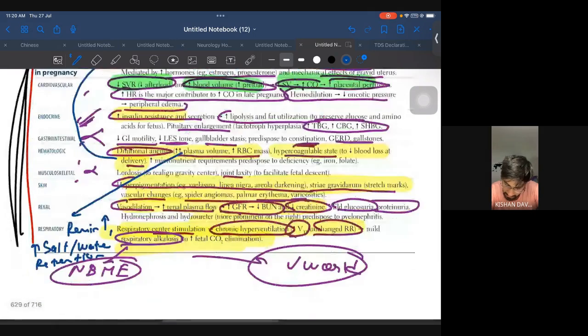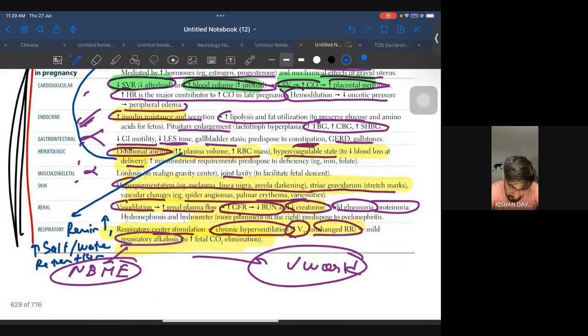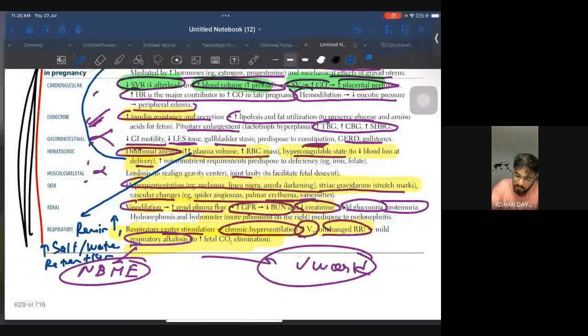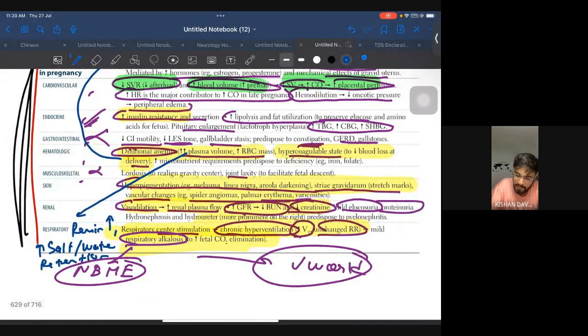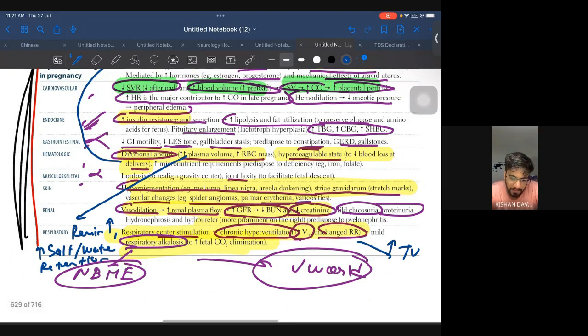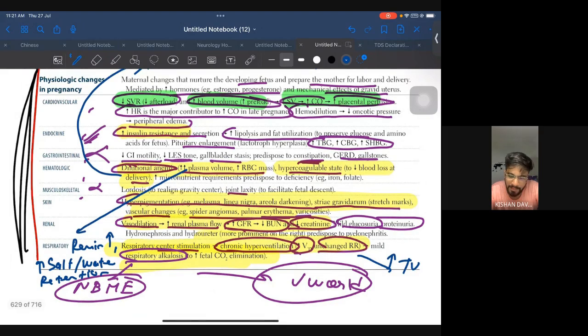And something more to remember. So here in the respiratory there will be increase in tidal volume also. Okay, and another thing, here they have mentioned hypercoagulability, right? This hypercoagulable state.